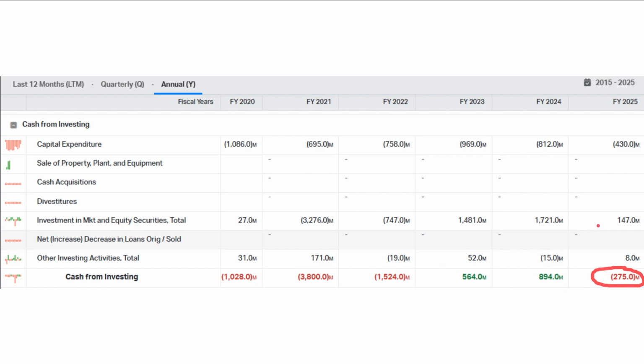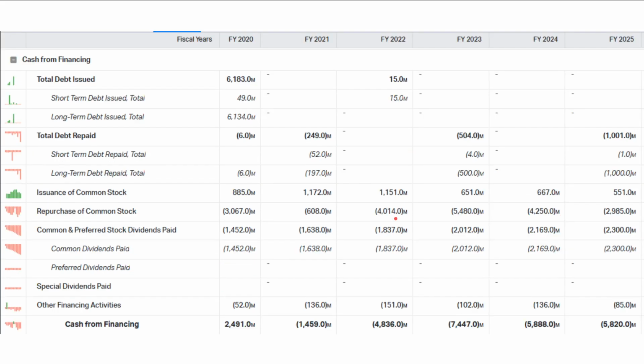In here we have some capital expenditure and also investment in market and equity securities, but there we had been generating profits from this part, so they were selling something on the security market and earning money from this.